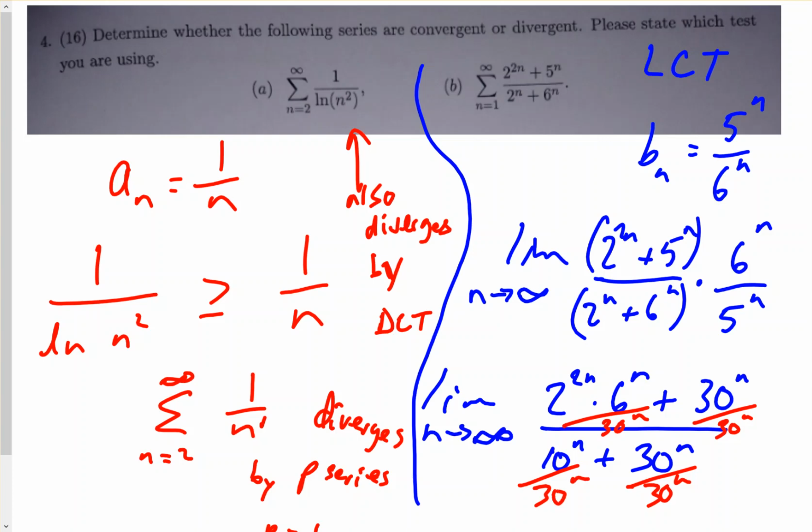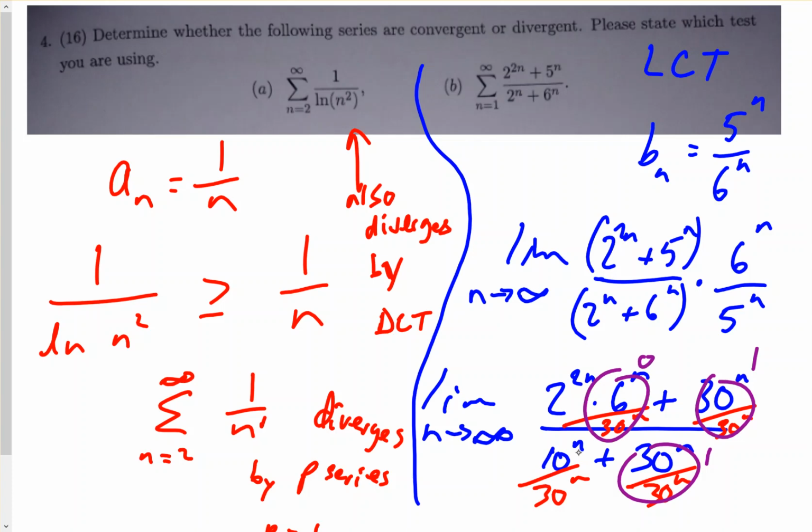and apply the limit as n approaches infinity, we see that we end up with, this is 1, this is 1. If we look at 6 to the n over 30 to the n, this will approach 0, right? It's like 1/5 if we reduce, and then 0 times anything, so this will be 0.